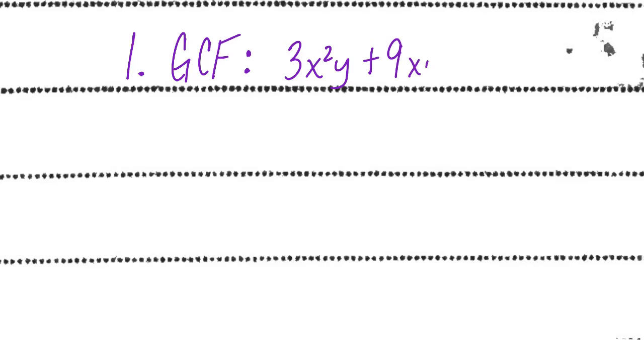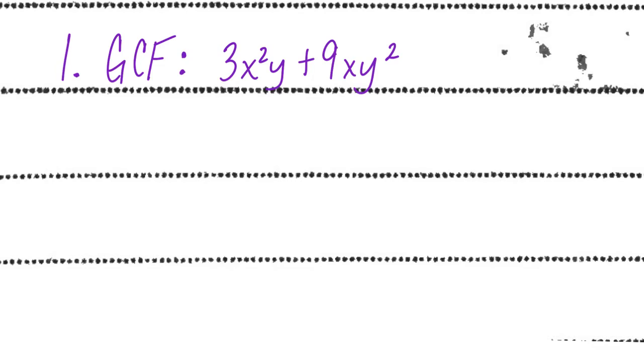So let's do a quick review of the factoring that we have learned. I always like to review what we've learned. We've always started with learning how to factor the GCF. You guys were doing awesome with GCF, but remember I told you always forget to do this one first. So this is if I had 3x squared y plus 9xy squared. And remember that this one we could take out a 3, because I know the GCF.